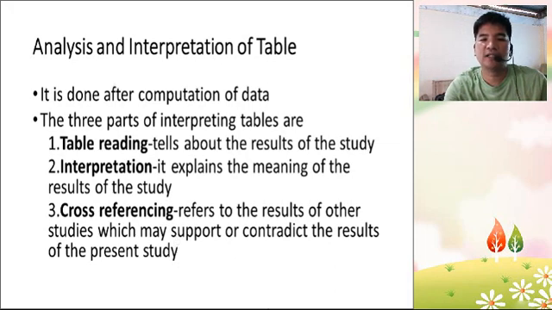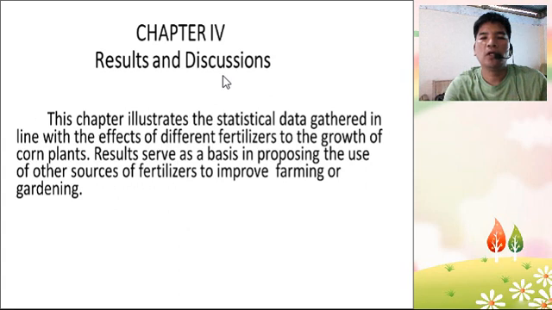Okay, so let's have an example. This one is the part of chapter 4. You have to write chapter 4 at the top and then the results and discussion. So the title of chapter 4 is results and discussion. So we have here a simple introduction of the study. This chapter illustrates the statistical data gathered in line with the effects of different fertilizers to the growth of corn plants.